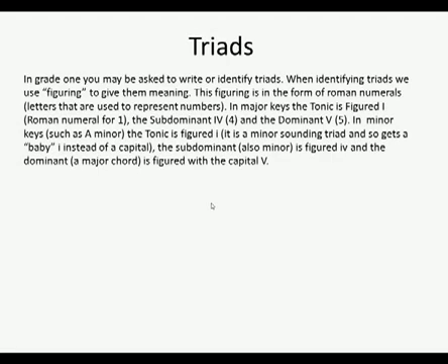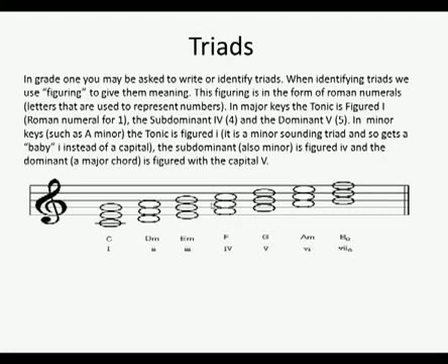And the dominant, which would be a major sounding chord, is figured with the capital V. You can see that here. This is in a major key, so it's figured with a capital I and a capital V.